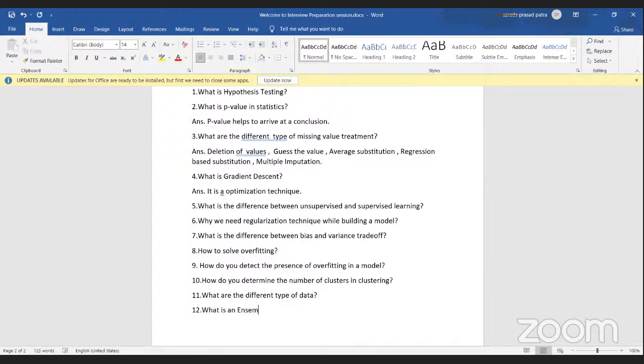What is ensemble learning? Yeah, anyone?